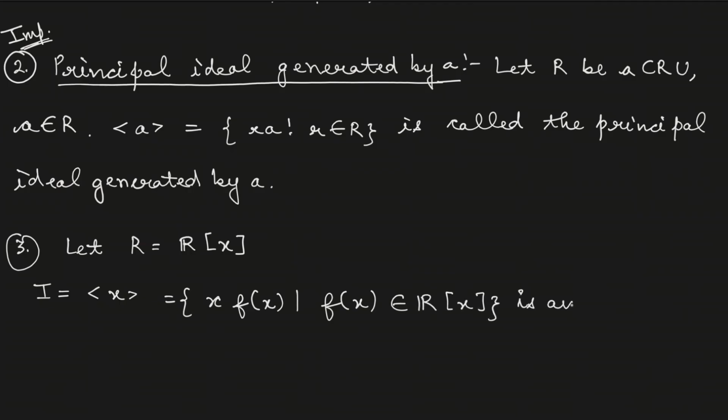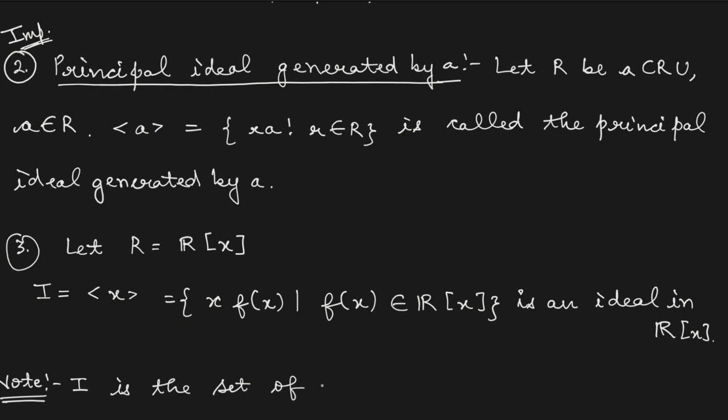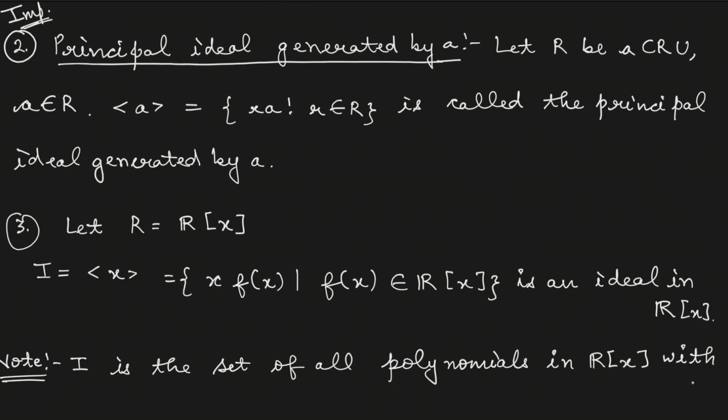This is an ideal in R[x]. Note, I is the set of all polynomials in R[x] with constant term 0.